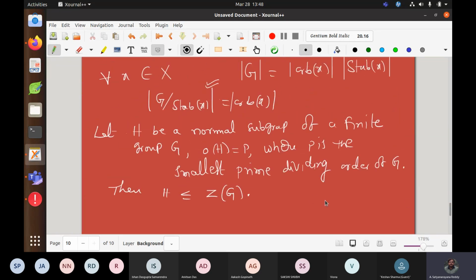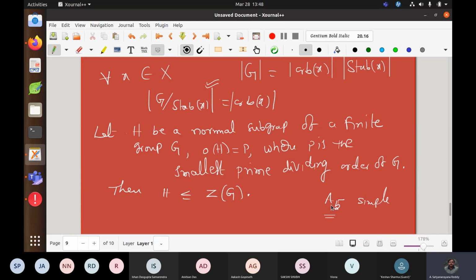Okay, for example, A5 is simple. What do you mean by simple? It has no normal subgroup except the identity and A5. I'll repeat, A5 does not have any normal subgroup other than identity and A5. Anyhow every group will have at least two normal subgroups.